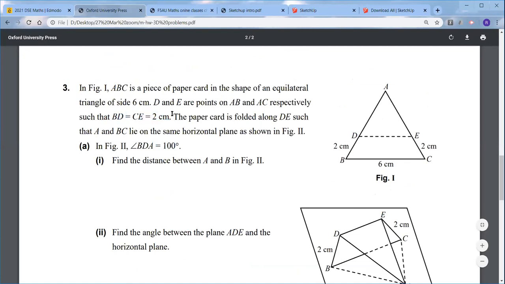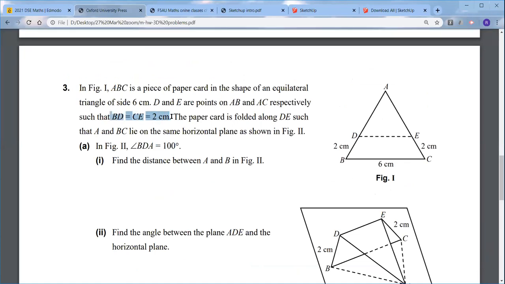It is the converse of the intercept theorem. Both are 2 cm for BD and CE. So we can guarantee the dotted line to be parallel to the baseline. So unless you can prove it or unless it is stated clearly, don't assume parallels, don't assume right angles, don't assume straight lines.